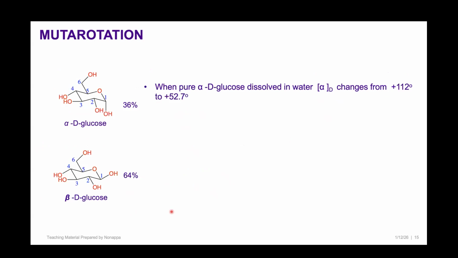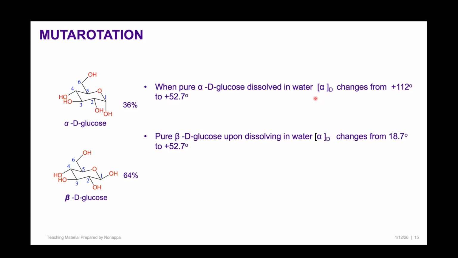Now, when you take pure alpha-D-glucose, which has an optical rotation of plus 112 degrees, it will change if you add water, to plus 52.7 degrees. Pure beta-D-glucose has an optical rotation of plus 18.7 degrees. If you dissolve it in water, it will also turn into 52.7 degrees.